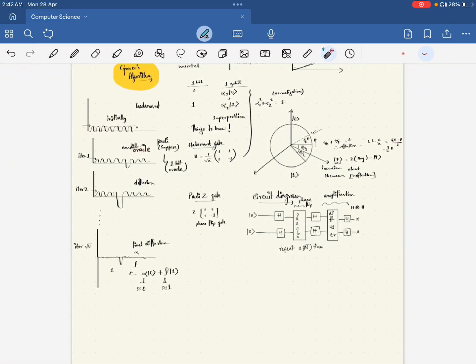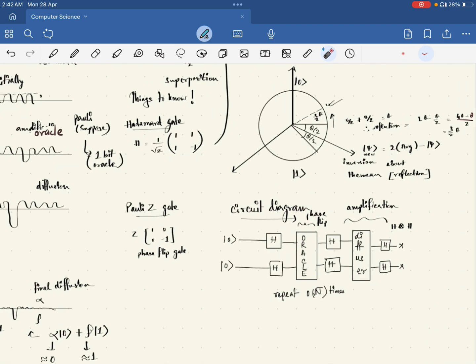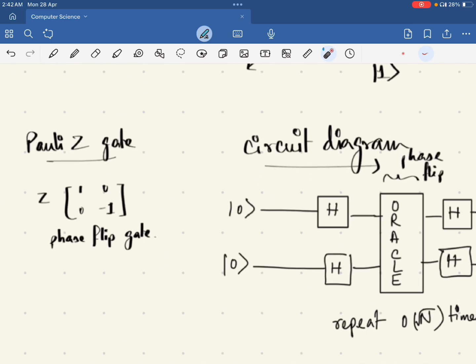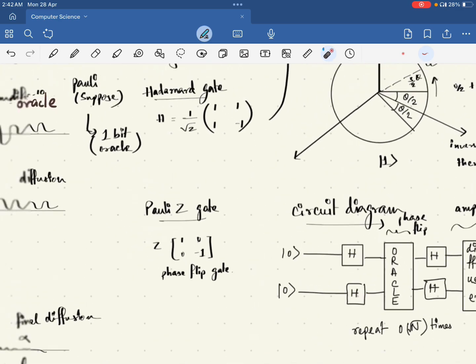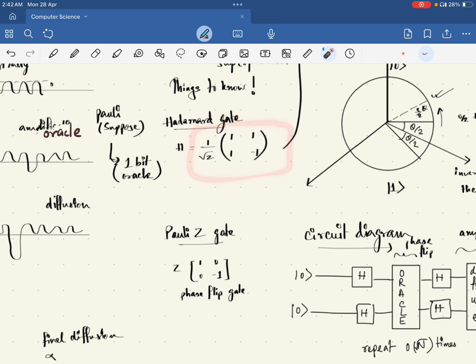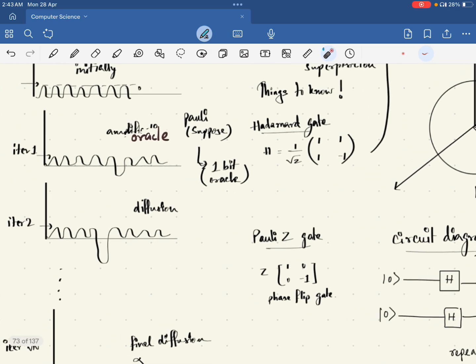Now we can jump into the actual algorithm, which works on the circuit diagram. If we follow it carefully, we can easily understand the algorithm. Firstly, we take two qubits, not necessarily two. We take a qubit and pass these qubits into the Hadamard gate, which gives us a normalized state vector where all these states are initialized to a 1 by root 2 amplitude.